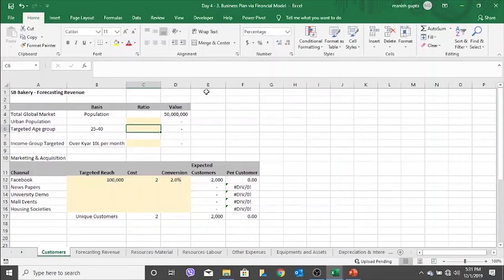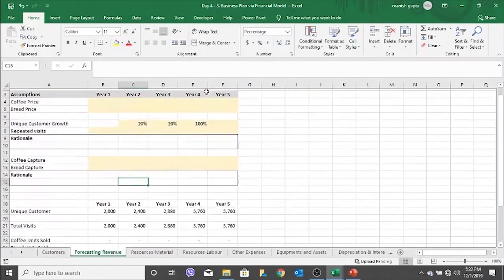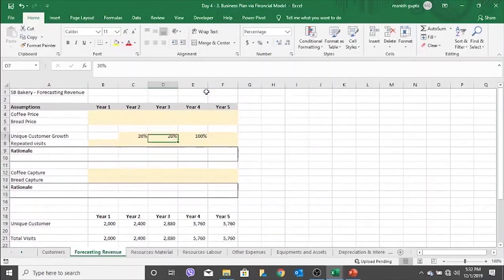How many customers we will have, what conversion ratio we think we will have, how much we think our customers will increase, that's also our assumption, correct? How many times they will come back to us, how much they will spend with us, that's all assumptions, right? We don't have any golden globe to see the actual, they're all our assumptions. We make our assumptions, so we need to clarify this is what we assume.